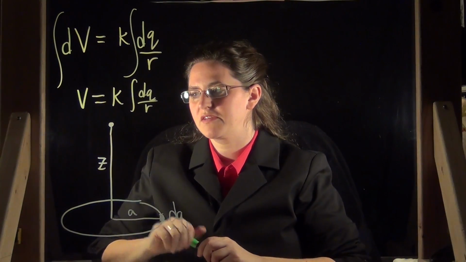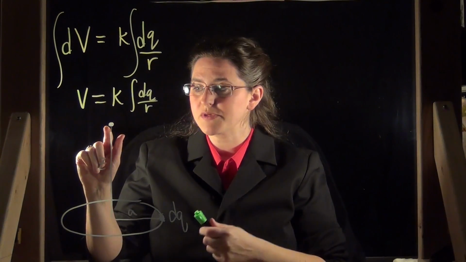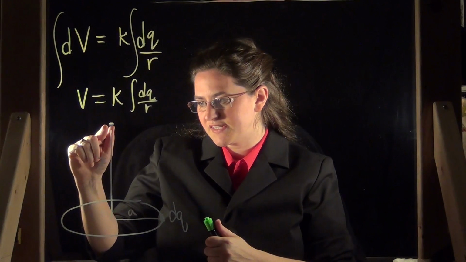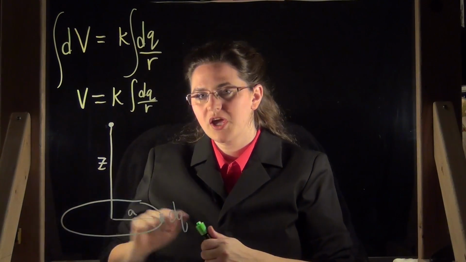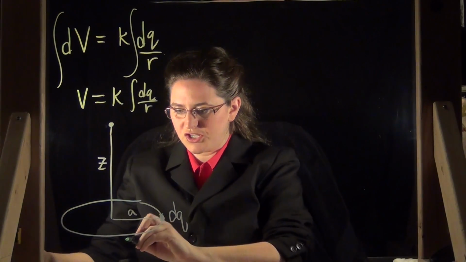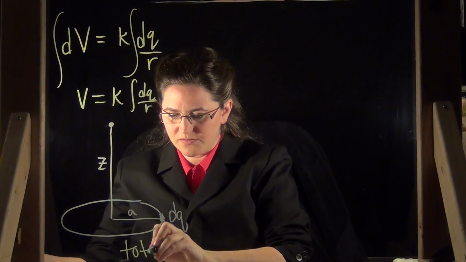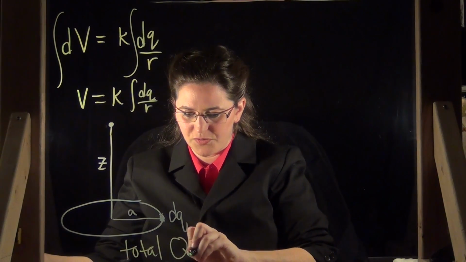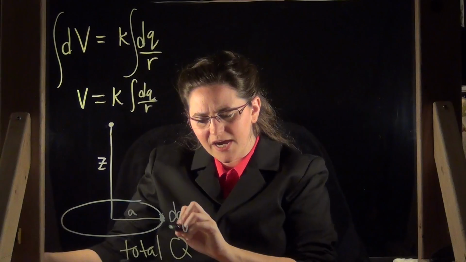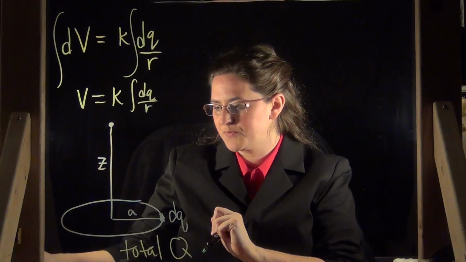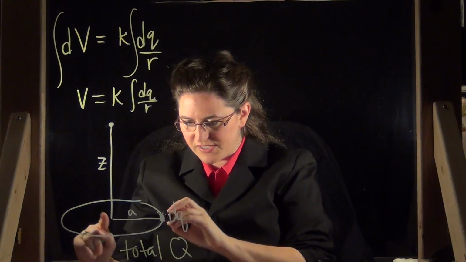This is where we want to find V. So the problem is to find V, a distance z above this ring of charge. And the ring of charge has total charge Q. And here's one tiny bit of charge, dq. And the ring has radius a.